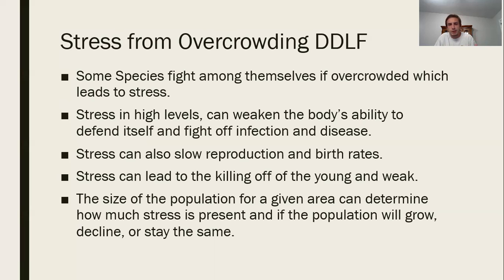The size of a population for a given area determines how much stress is present and if the population will grow, decline, or stay the same. And so that geographic range we talked about in section 1, how dense the population is, how many individuals are present, and the way that they're spread out will all affect this as well.